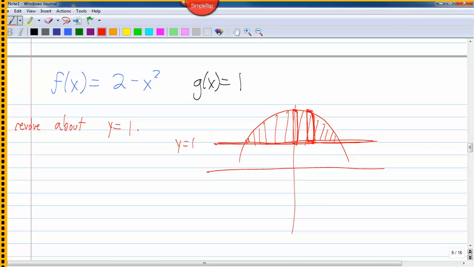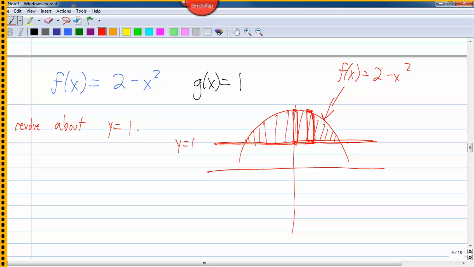Look at your graph. When you plug in x equals 0 into this function, you get 2. But is this height 2? No, it's not.